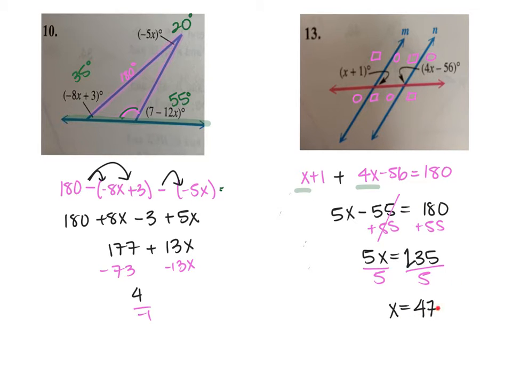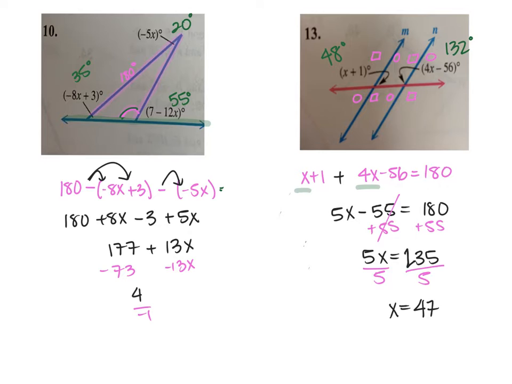If you plug 47 into x plus 1, I'll just write the answer here. You can obviously work it out. So this would give you 48 degrees. And then this one here, if you were to do 4 times 47 minus 56, you are going to get 132 degrees.